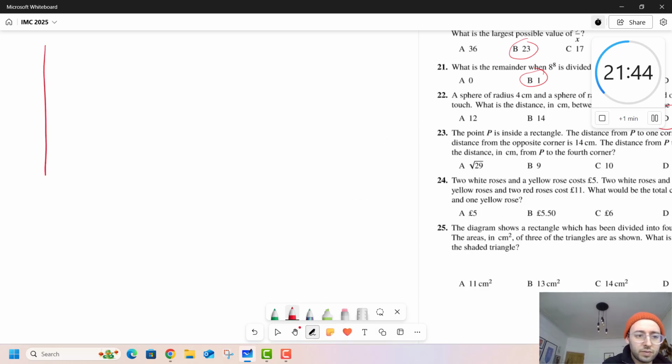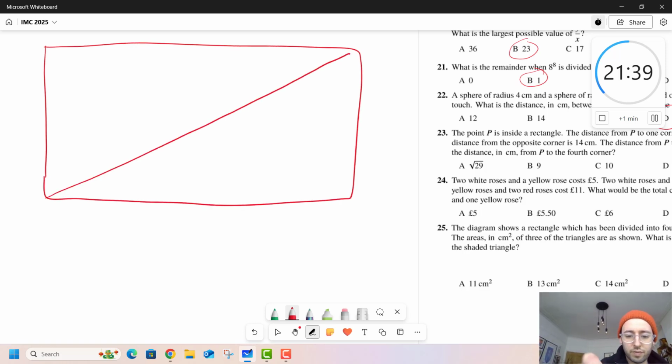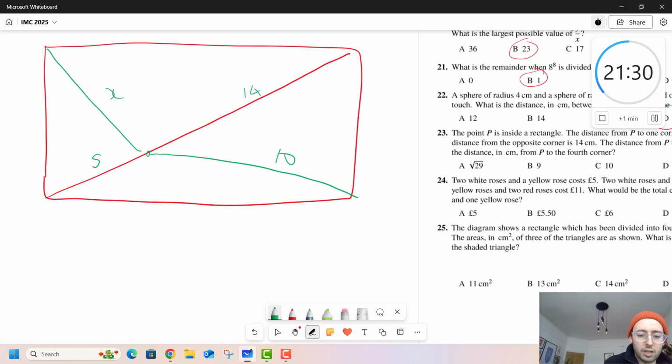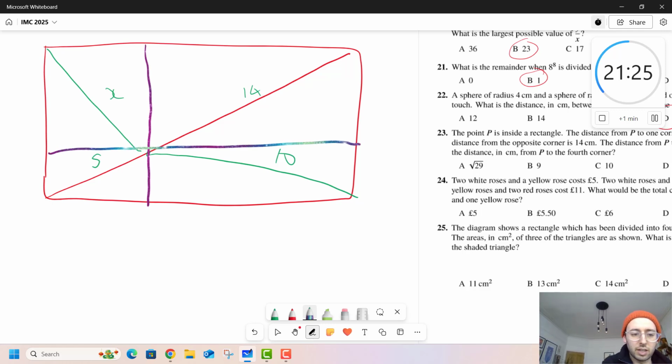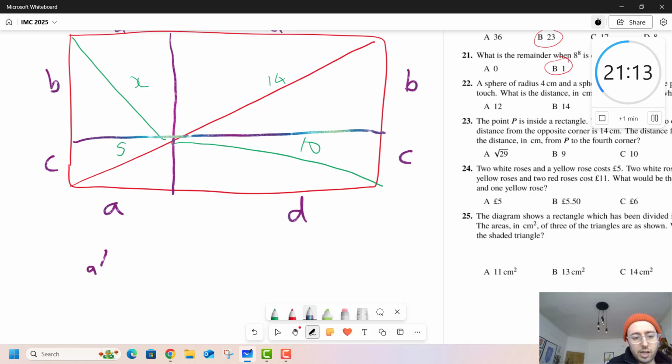So we've got a line across here where this is 5 and this is 14. And we've got a line across here, this is 10, and we're trying to find this. Now, if I cut this into rectangles like this, I start labeling things. Let's call these A, these B, these C, and these D, like that. Then now I can form loads of equations. So A squared plus B squared equals X squared.